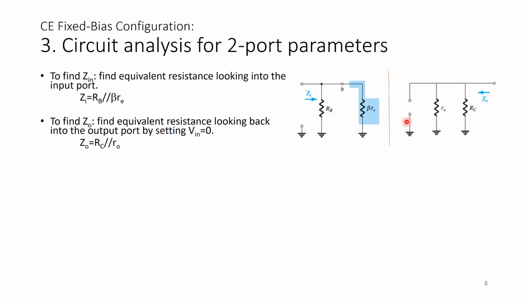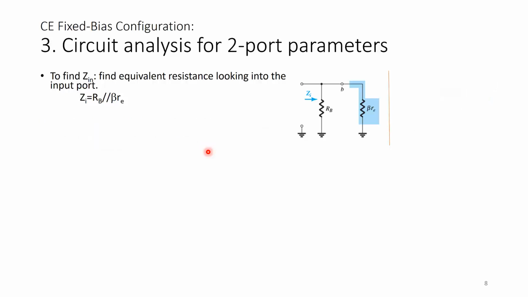To find Z out, the way to find Z out using a two-port network is that we have to set V in equal to 0 because it's part of the procedure. So set V in equal to 0. When we set V in equal to 0, if we were to look at the redraw, I'm going to go back.